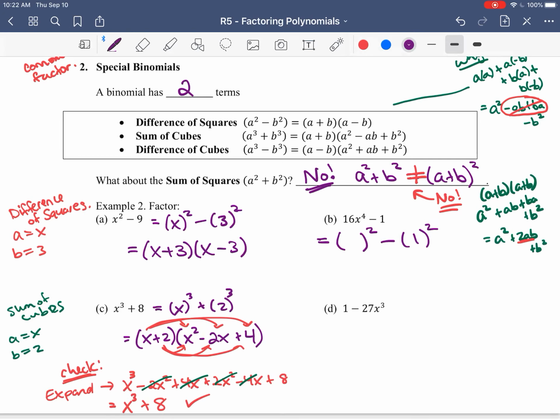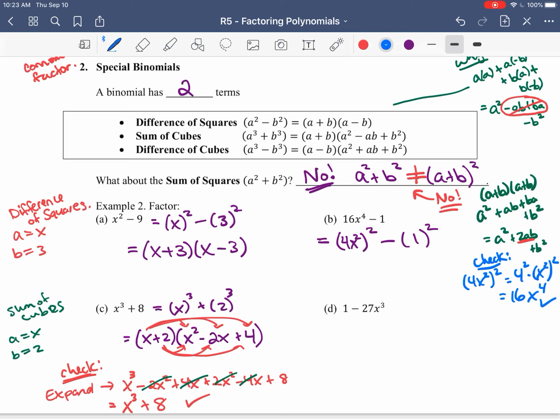If I square root both of these things, the square root of 16 is 4, and the square root of x to the 4 is x to the 2. Let's just check here. If I have 4x squared, all squared, this is going to be 4 squared times x squared squared. 4 squared is 16, and when I have a power to a power, I multiply the exponents, so this is actually x to the 2 times 2, which is 4.